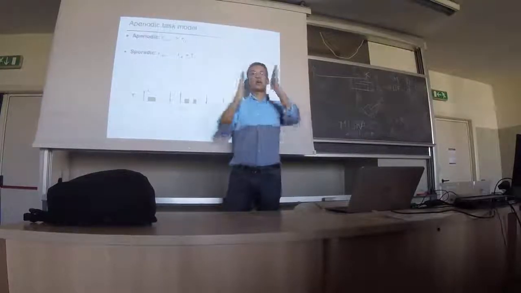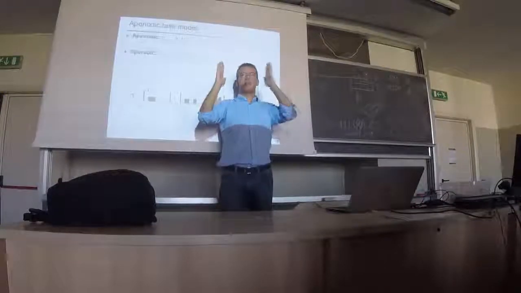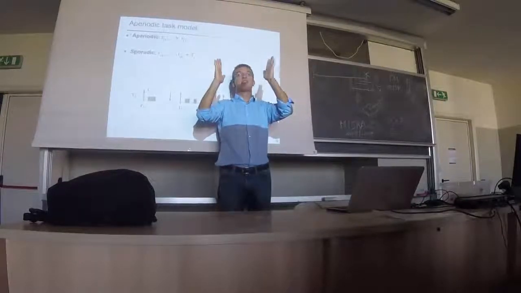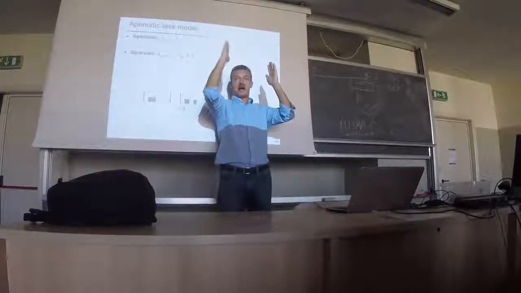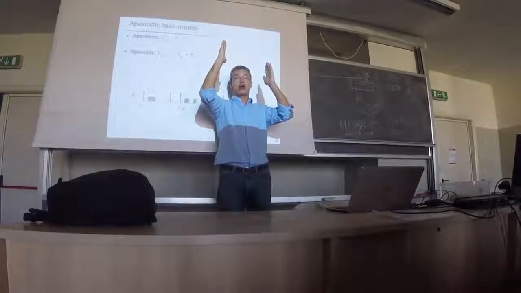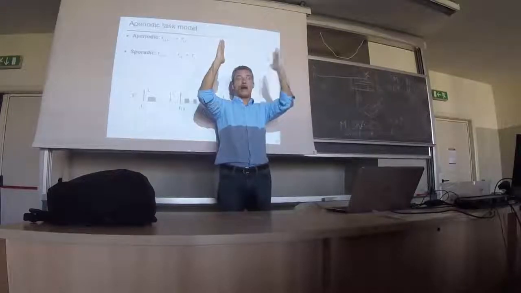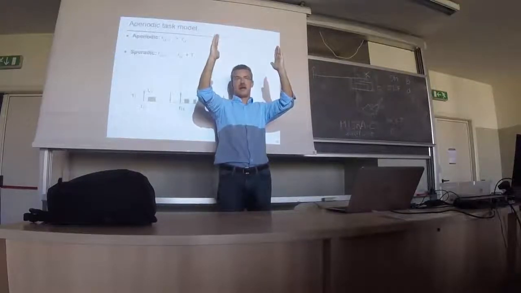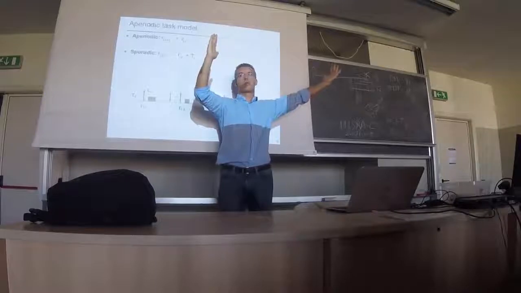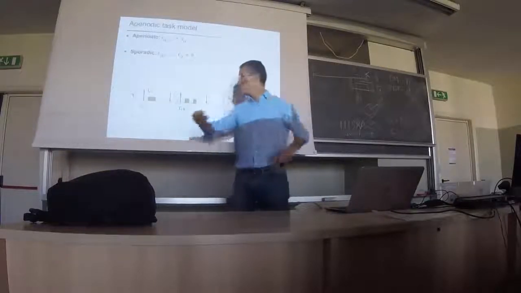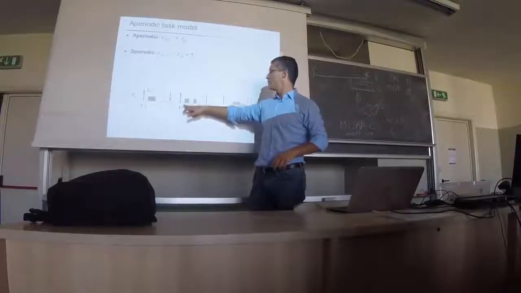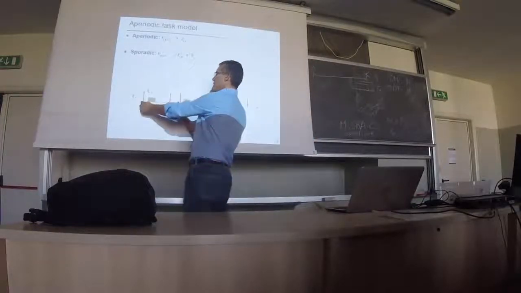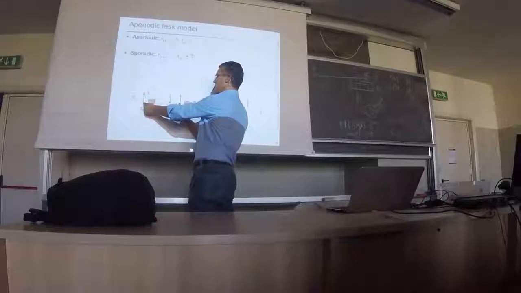That Ti is not exactly the period at which I activate the next instance, but it is the minimum inter-arrival time. So if this is my instance, the next one will be activated at least Ti later than this, or here, or here, or here, or later than that, okay? So you can see it here. So this guy arrives, the next one is here, so maybe my inter-arrival time was this.